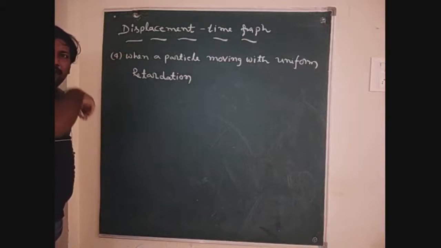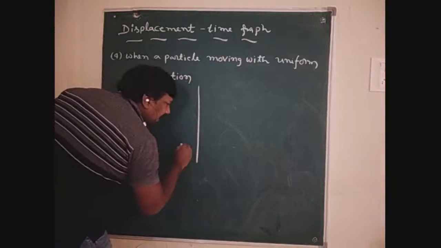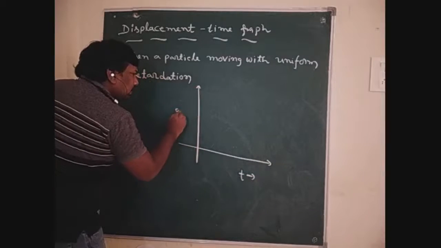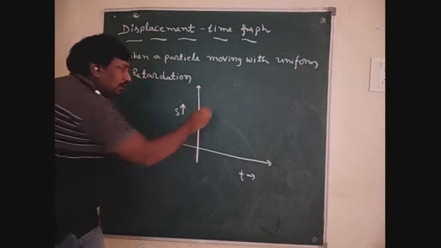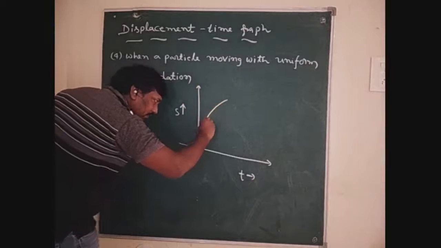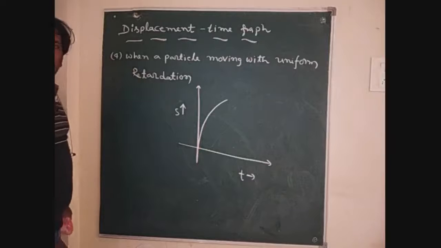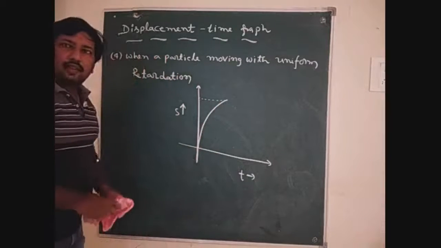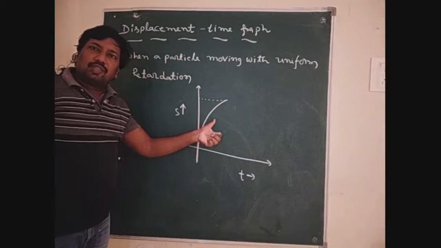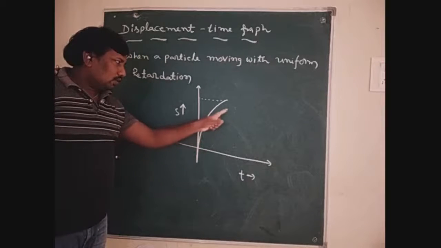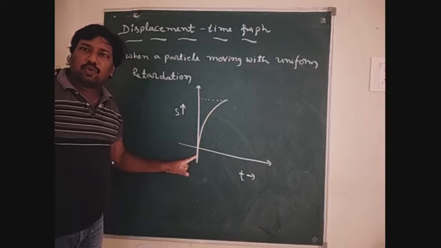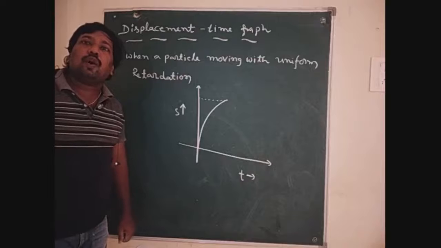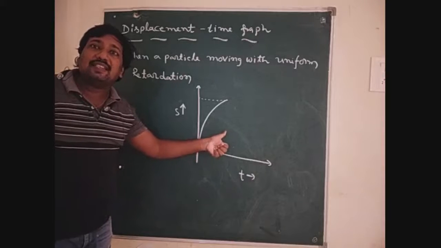In this case the displacement time graph is a parabola. The initial velocity of the body is there, but the final velocity is 0. When the body is moving with uniform retardation, its slope is negative.